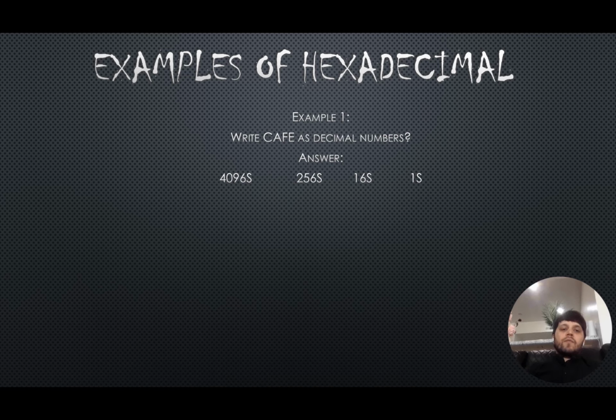So the next step is to put every letter below those values: C, A, F, E. The next step is to find the value of the letter, multiply it with its placing value, and add it to the next one. We do the same thing, find the value, multiply by the placing value, then add it to the next, until we're done.